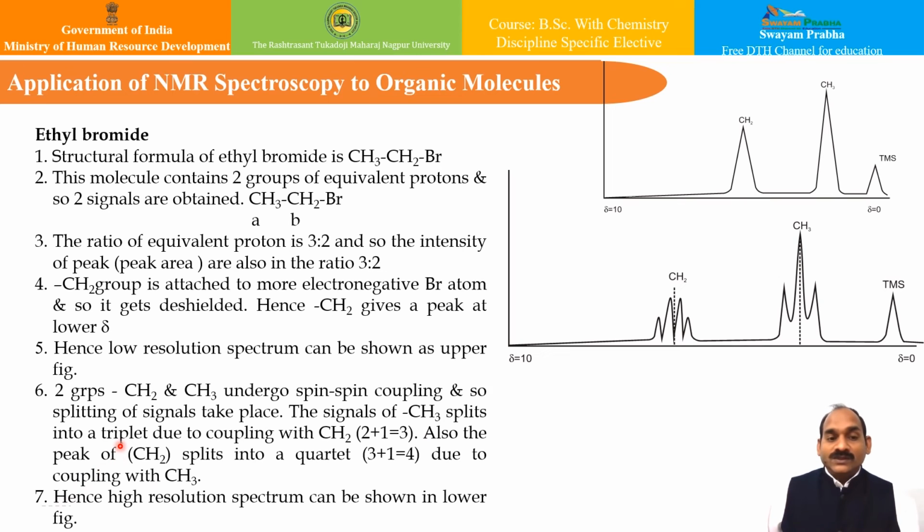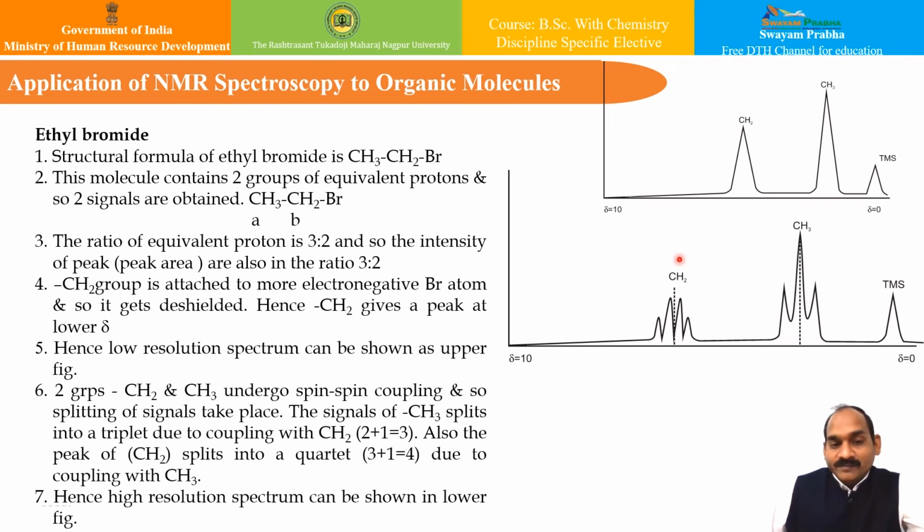Now the two groups, CH3 and CH2, will undergo spin-spin coupling, and therefore splitting of signals takes place. The signal of CH3 splits into a triplet due to coupling with CH2, that is 2 plus 1 is equal to 3.